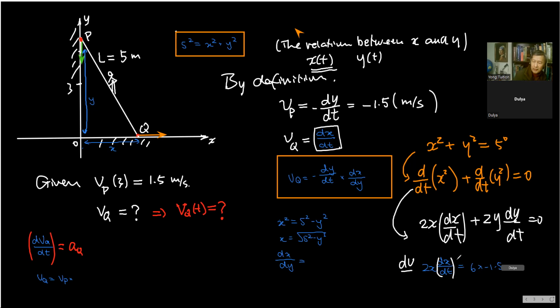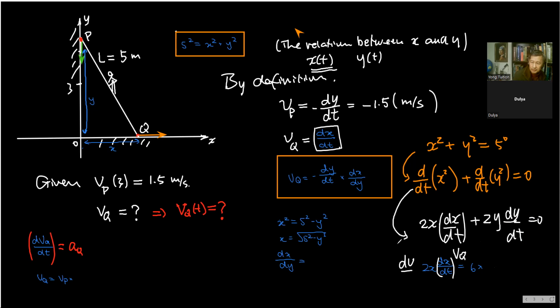So this is our VQ, and this is our negative. What is 1.5? That's dy dt. We know the y. We need to find the x rather.